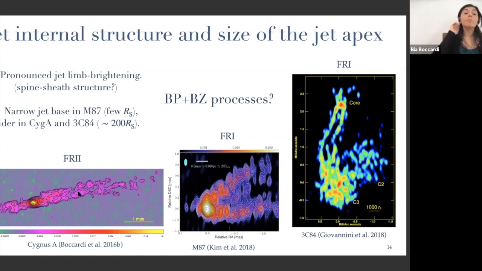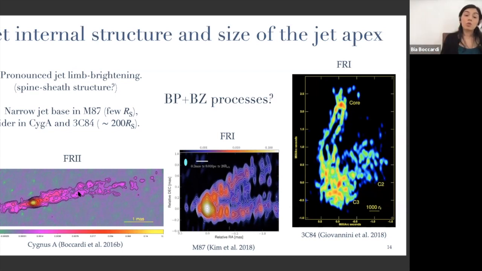And this may result from the Blandford-Payne and Blandford-Znajek processes happening at the same time. So we have a slow outer sheath, which is probably also heavier because it is loaded with protons. And then at the center, we have a lighter and faster spine, which reaches the really high Lorentz factors which I mentioned before.